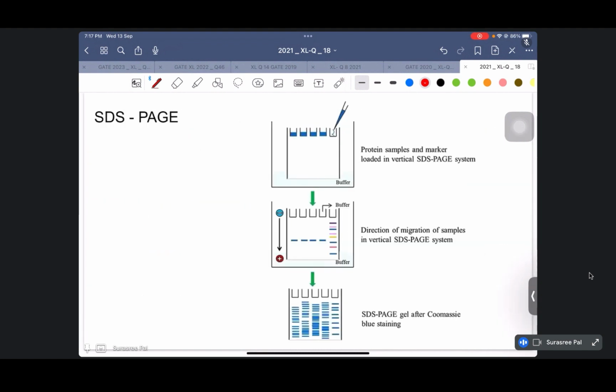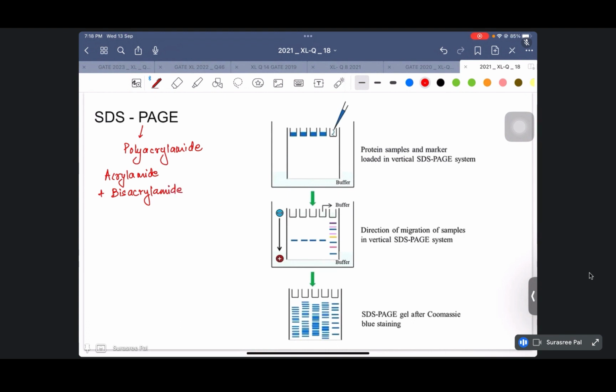So this is the SDS-PAGE system, which is sodium dodecyl sulfate and polyacrylamide gel electrophoresis. Polyacrylamide is a polymer which makes a matrix, or a gel, when we mix acrylamide and bisacrylamide together in a particular ratio.